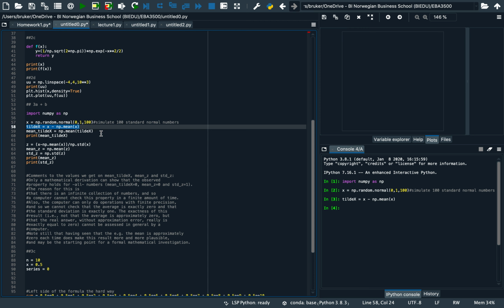And then we are asked to verify that the mean of this new variable tilde x is equal to 0. So therefore I make mean tilde x and take the mean of tilde x, and we should get 0. Let's see.